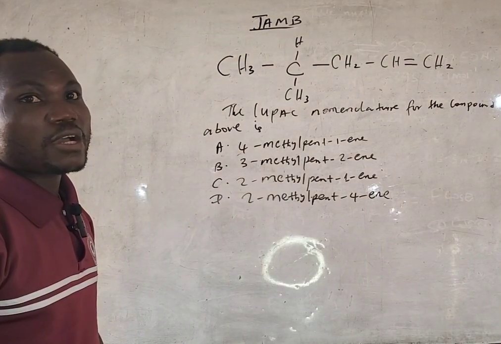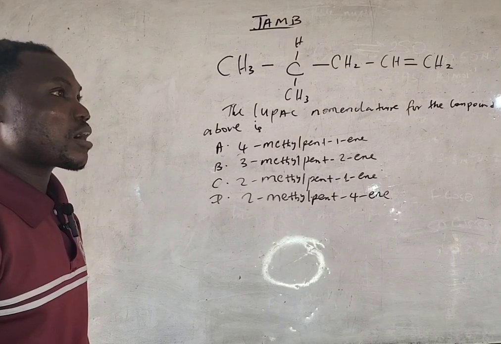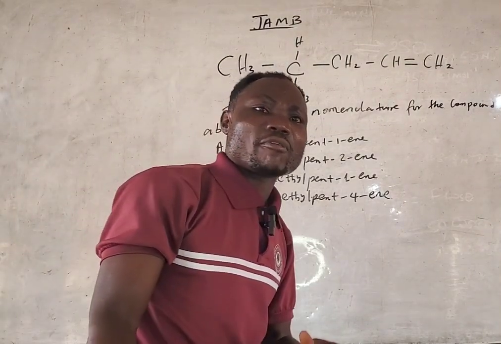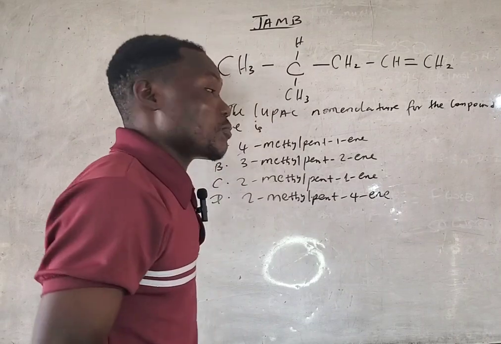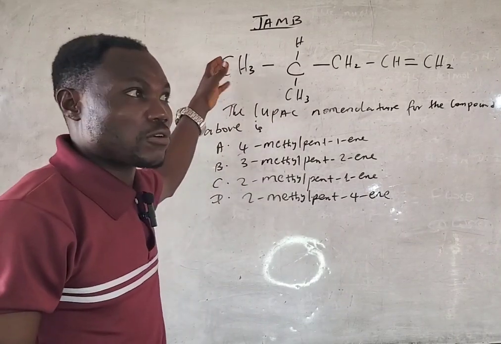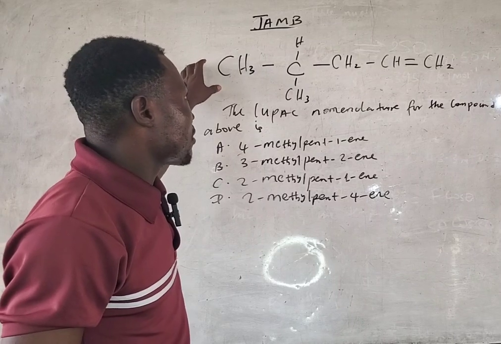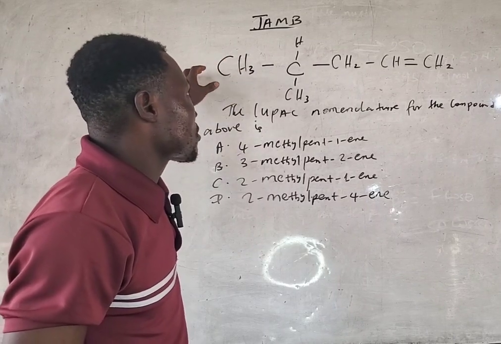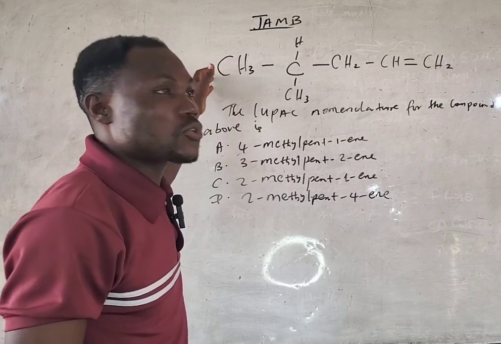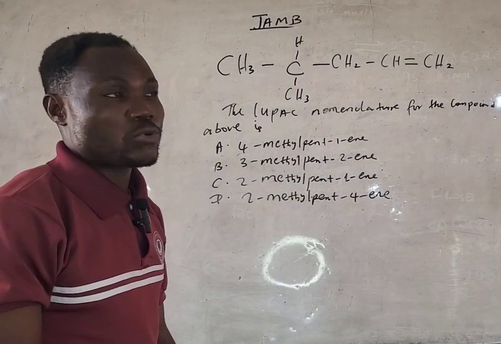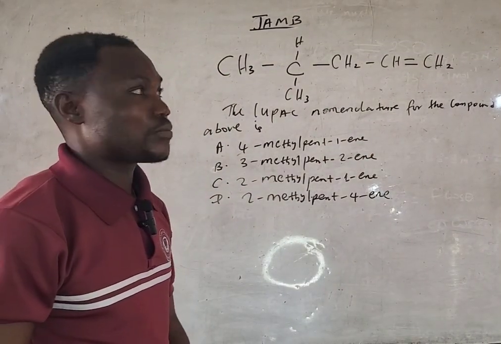In naming IUPAC nomenclature for hydrocarbons, that is aliphatic compounds, if you look at this compound, it contains only hydrogen and what? Carbon. So that is why we call it a hydrocarbon.